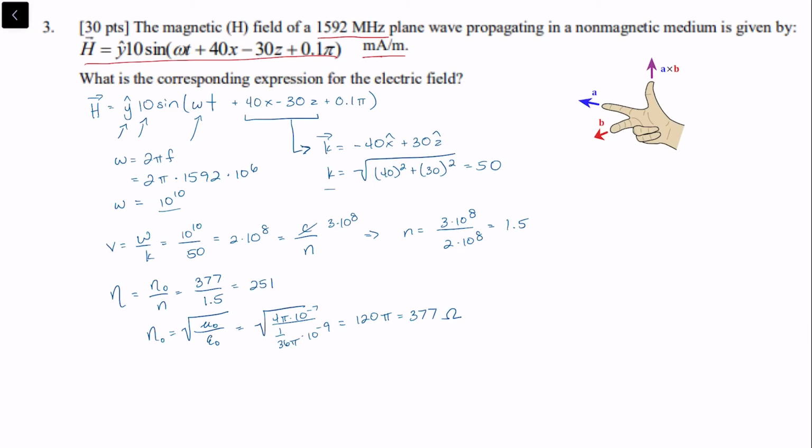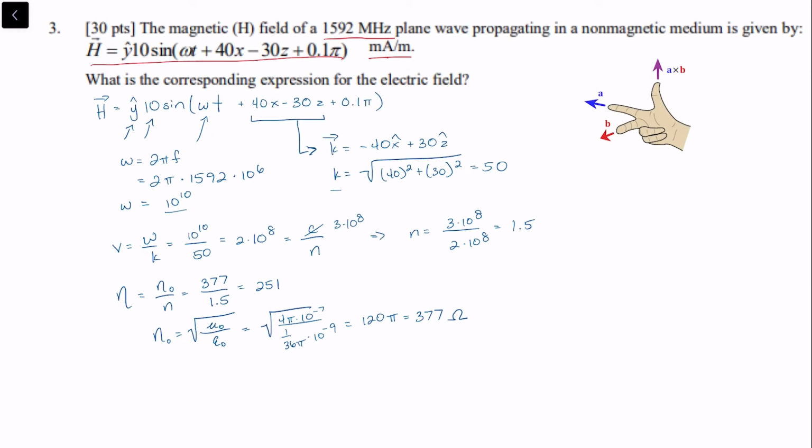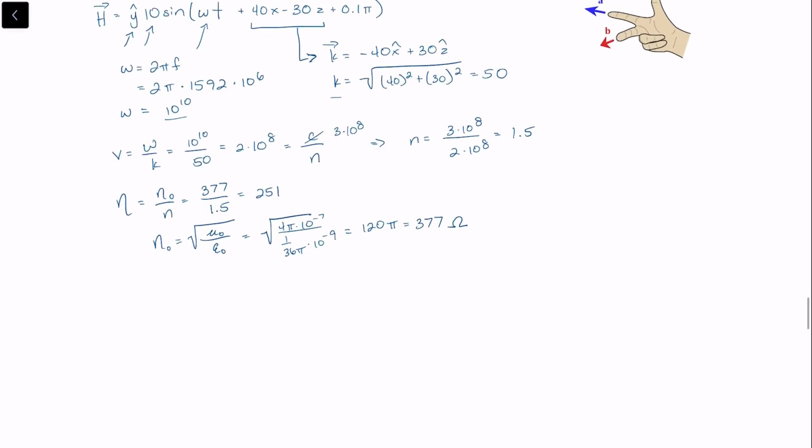Great. Now what else can we do? Well, we want to relate the electric field with the magnetic field. We want to relate the magnitudes of the electric field to the magnetic field. So the equation we have for that is the electric field over the magnetic field equals eta, the wave impedance.